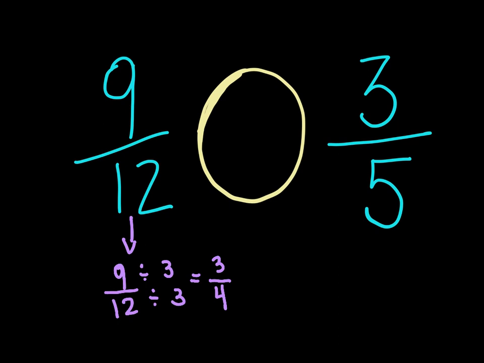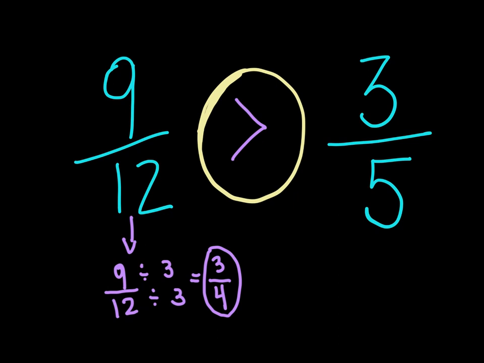And by looking at 3/4 and 3/5, we know that this one is closer to the benchmark of being a whole, number 1. So therefore, 9/12 is larger than 3/5.